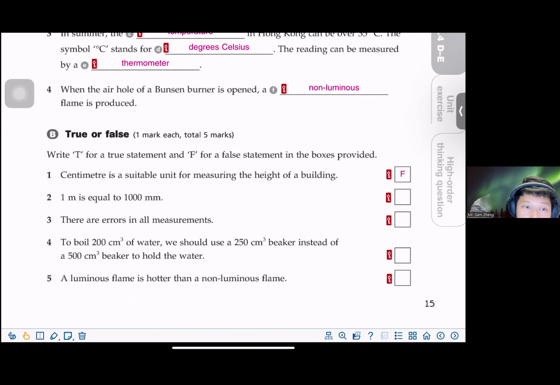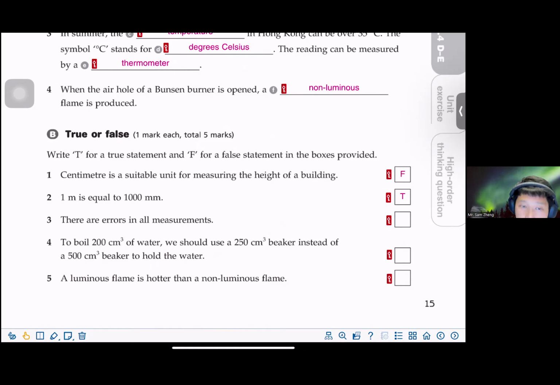So it is false. Next, 1 meter equals 1,000 millimeter. Of course that is true, because 1 meter equals 100 centimeter, and 1 centimeter equals 10 millimeter, so 10 times 100 is 1,000.